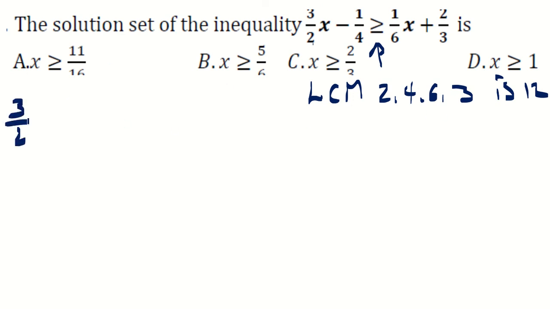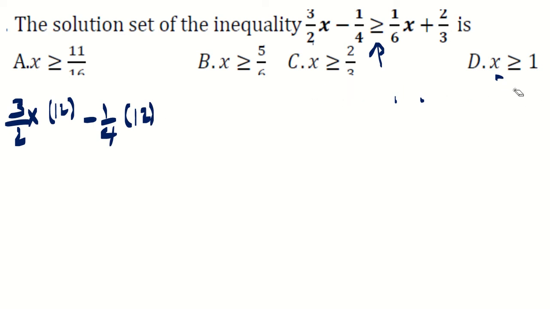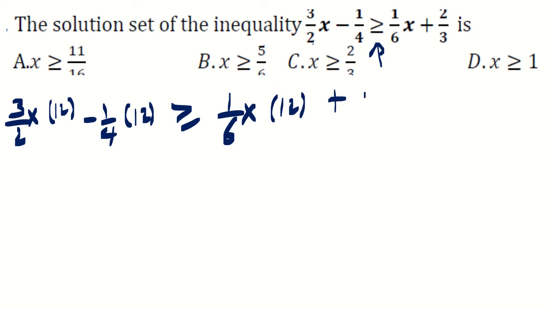3 over 2 x will be multiplied with 12, minus 1 over 4 also multiplied by 12, is greater or equal to 1 over 6 x also multiplied with 12, plus 2 over 3 also multiplied by 12, to remove the fractions, then it will be easier.